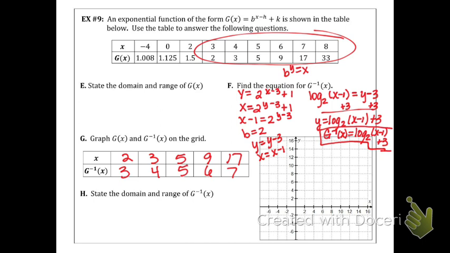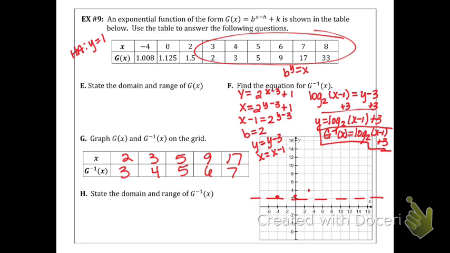All right. Now, so to graph my original function, I know, remember we said it had a horizontal asymptote at y equals 1. And so I'm just going to plot some of these points. So 3, 2, whoops, it's not 2. Oh, dang.